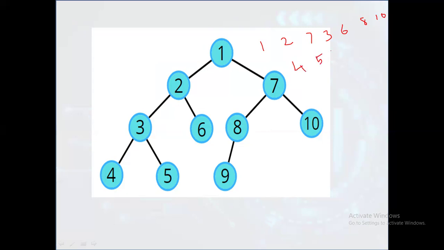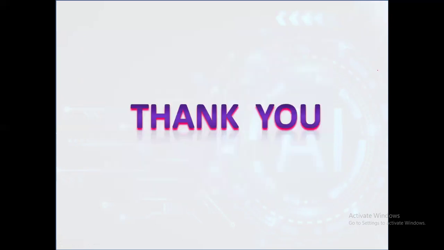Then we write 6, there is no children. And for 7 we have to write 8, right? 8 and 10 we have already written, right? Then we look into 8, for which the value is 9. So in this way you have to proceed with the values. We have to find out the output sequence.